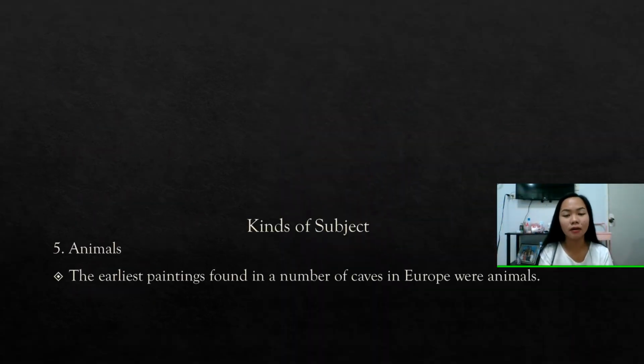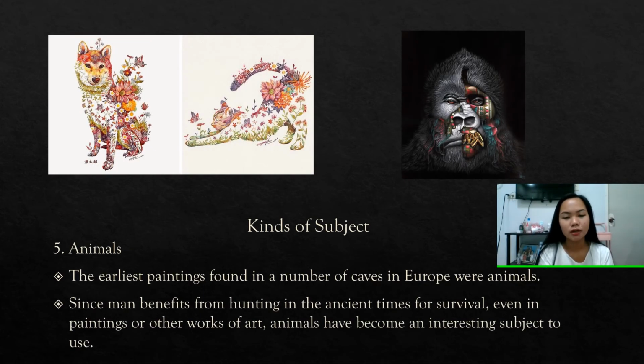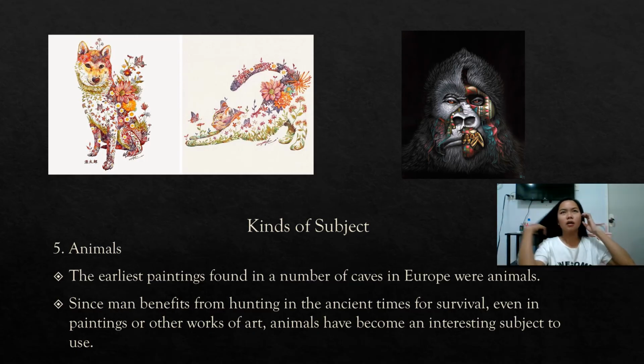we also have animals. So, animals could be also a kind of subject. So, artists paint animals or sculpt animals or ano pa ba? Yeah. So the earliest paintings found in a number of caves in Europe were animals. So katong mga ano no na ay napakita na pud nako before sa other lesson nato katong murag ang cave painting is na ay I don't know, baka siguro to or unsa ba to, karabaw nga ilahang ginahunt.